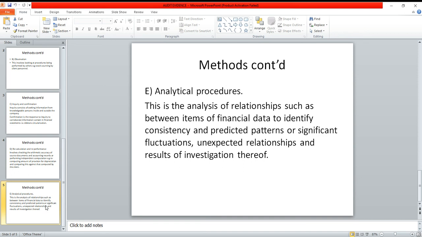So it means actually the auditor should plan his audit so that he may have reasonable assurance in making a decision in his opinion.